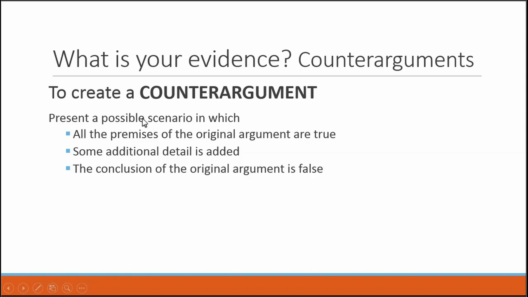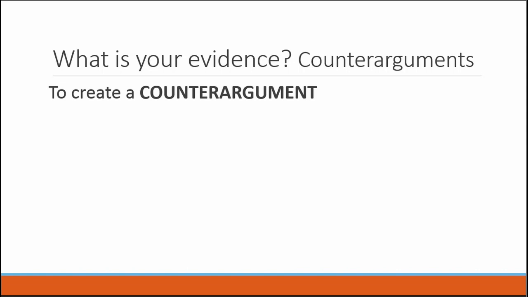It doesn't have to be an actual scenario. And what this counterargument does is show that it's possible for all of the premises to be true and the conclusion to be false. And according to the definition of validity, if it's possible for all the premises to be true and the conclusion to be false, it's not valid. Okay.